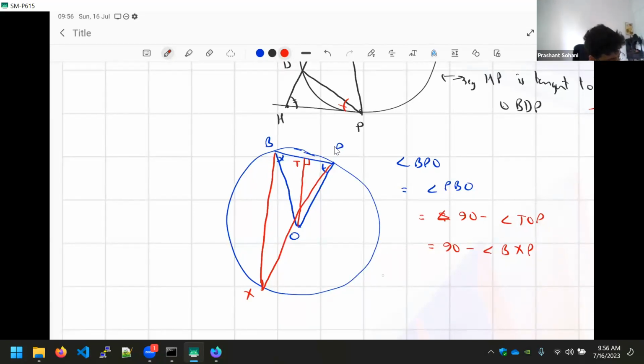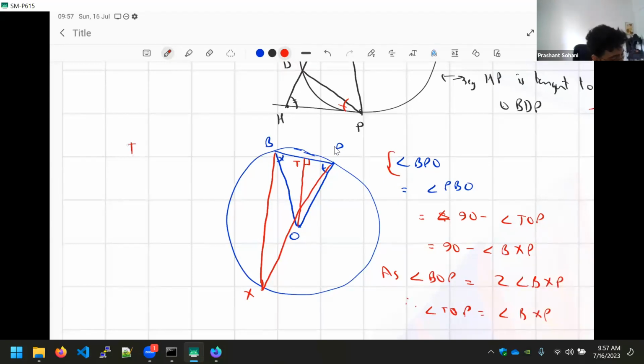Because angle BOP, the central angle, is going to be 2 times angle BXP. So therefore, angle TOP, which is half of that central angle, will be equal to BXP. Putting all these things together, I can say angle BPO will be 90 minus any angle inscribed in the same arc, so BXP, for example.